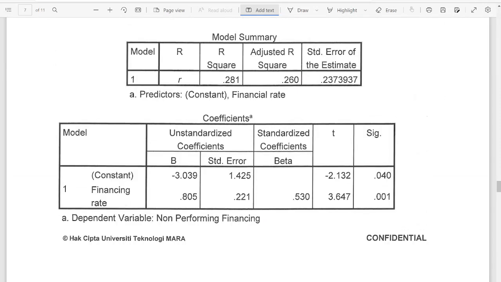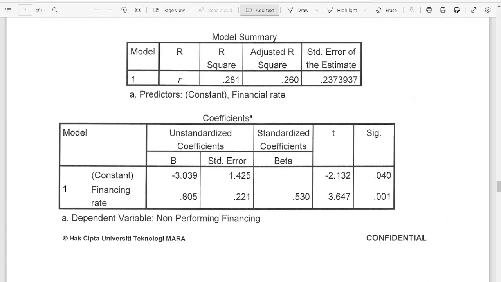So this is only applicable for a simple linear regression whereby the standardized beta coefficient is simply the value of R if there is only one independent variable. So you can see that the value here is 0.530. This is the same as the value of R. So kalau you run, memang you akan dapat benda yang sama lah.